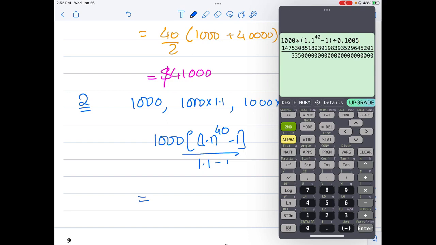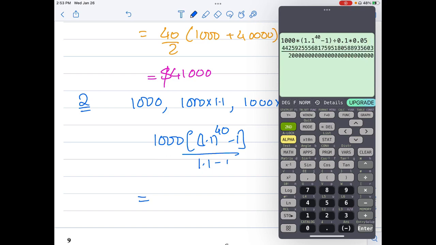So rather than that, I clear it off and type 1000 times 1.1 to the power of 40 minus 1 and divided by 0.1, then times 5%, 0.05.